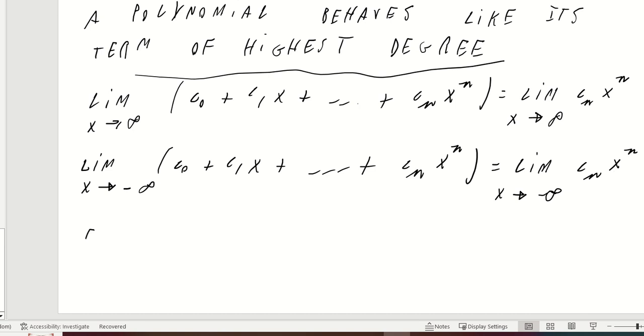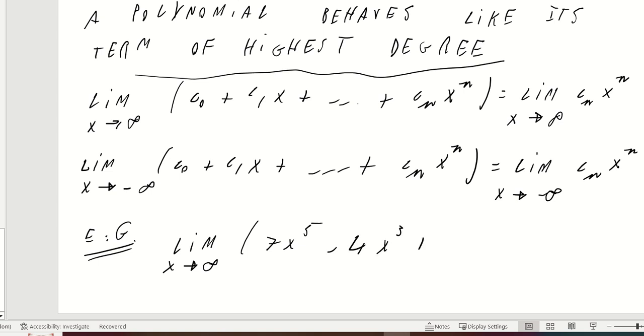So one simple example is the limit as x tends to infinity of this big polynomial, 7x to the 5 minus 4x cubed plus 2x.